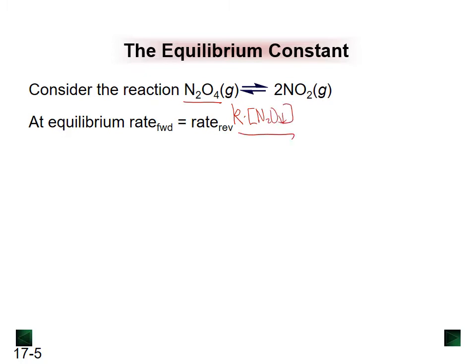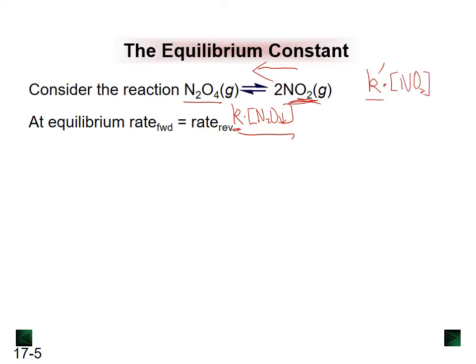So this is the forward reaction rate. The reverse reaction is determined by the concentration of the product, and so you have a different rate constant. This is also a constant, but different from the forward rate constant, times the concentration of the product.